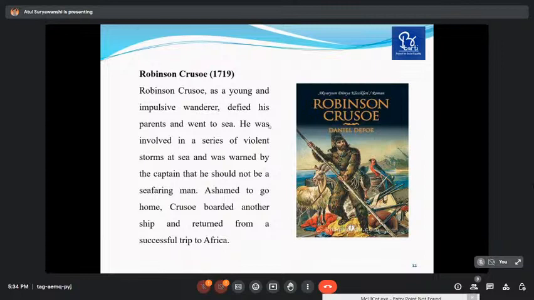Ashamed to go home, Robinson Crusoe boarded another ship and returned from a successful trip to Africa. So this is the adventurous trip of Robinson Crusoe. This first novel is quite remarkable for study. I request you to see the details of this novel. This was the beginning of novels in English.